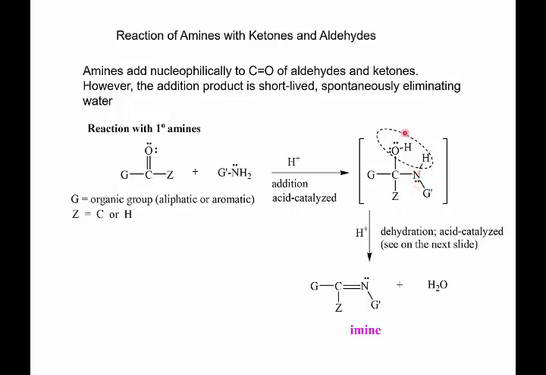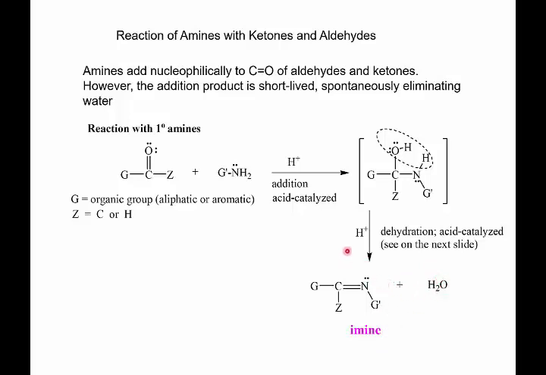It's going to lose the elements of water, HOH. 1,2 elimination produces a double bond. Here it's a carbon-nitrogen double bond. And this final product is formed. This is called an imine, and that's new to us. That's a new functional group, which I, of course, want you to learn. Water, of course, is a byproduct.